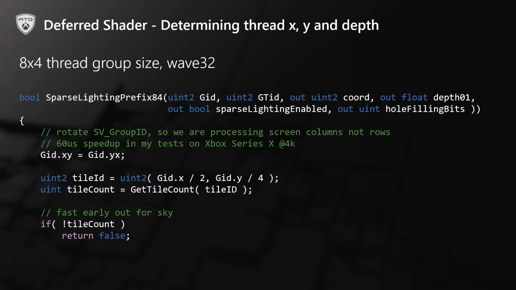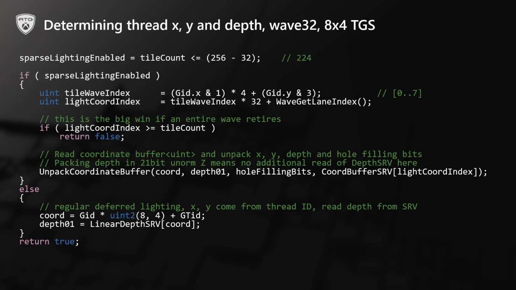So here we've rotated the group ID, we work out the tile, we read the count map, and then if it's sky, then we have nothing to do. Simple. The next part of this same function is the more interesting part. So here we work out whether we are reading the buffer, which has the coordinates to go light in it, or whether we are lighting every pixel.